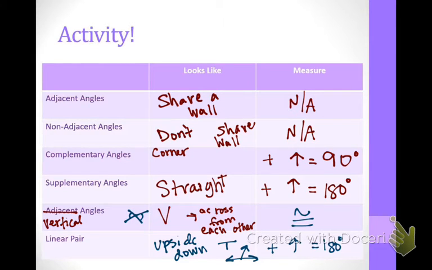So on your paper, I'm going to explain what you're going to be doing. This is to help you. This is not really any math. This is just to show if you know these angles.